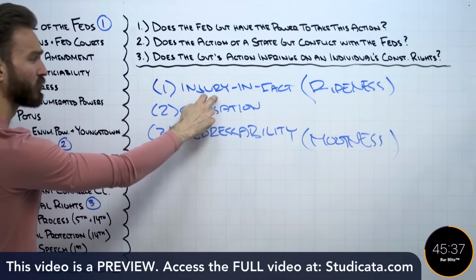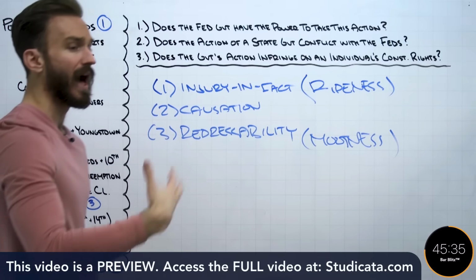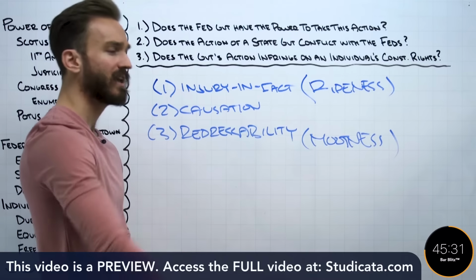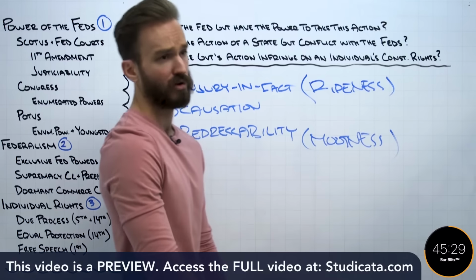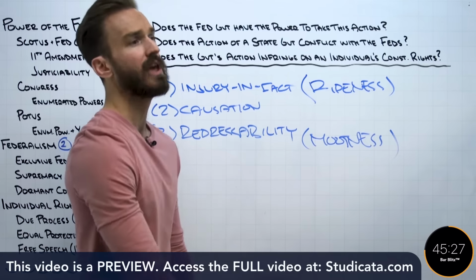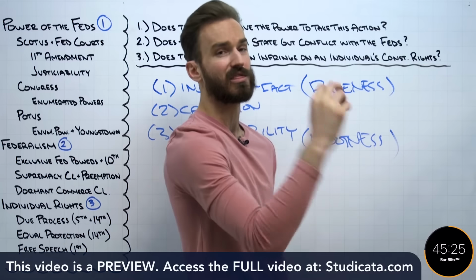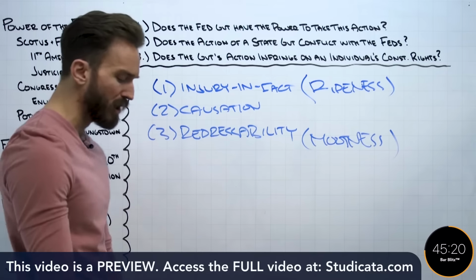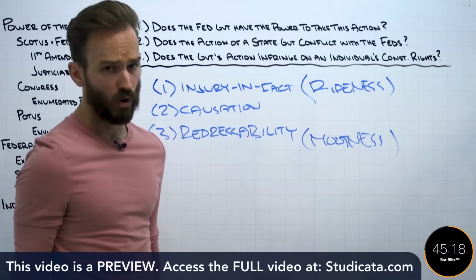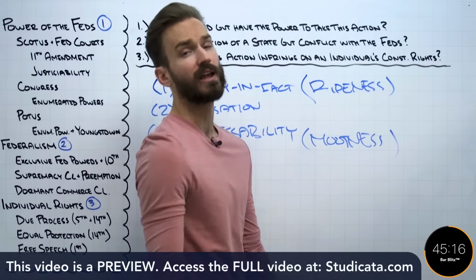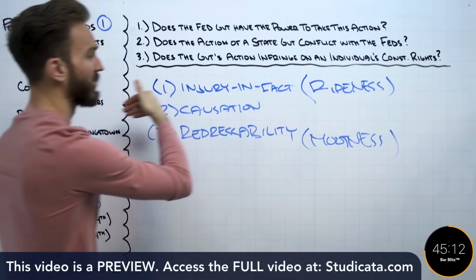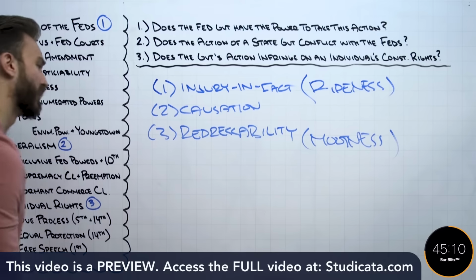Without an actual injury in fact, it's just a hypothetical fact pattern, and federal courts cannot issue opinions on hypothetical fact patterns. We need an actual injury or some imminent threat of an injury. So if we just have a law that's been sitting on the books for 20 years and never been enforced, and a plaintiff tries to just bring an action under that law, it's not ripe. They haven't sustained an actual injury in fact.